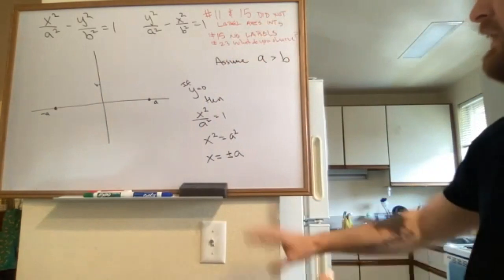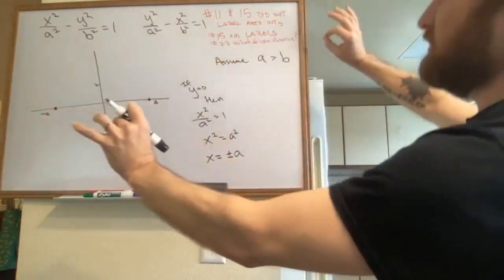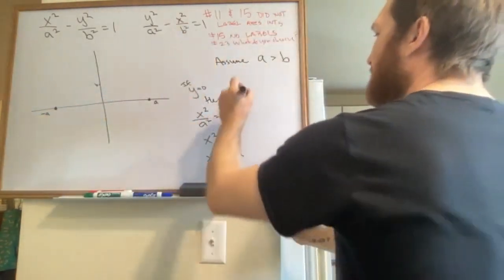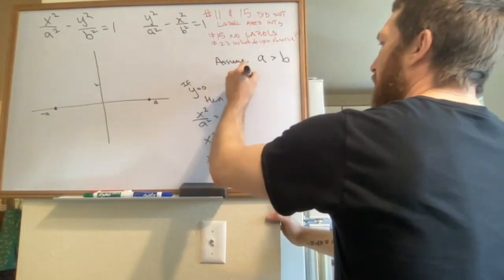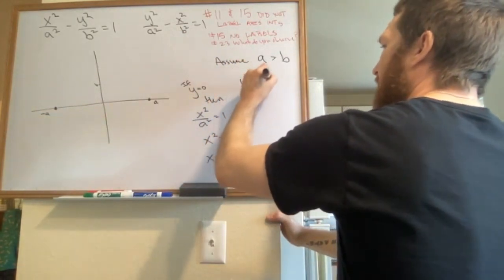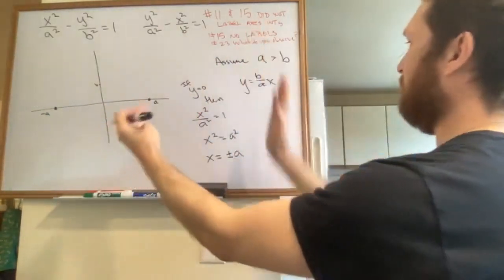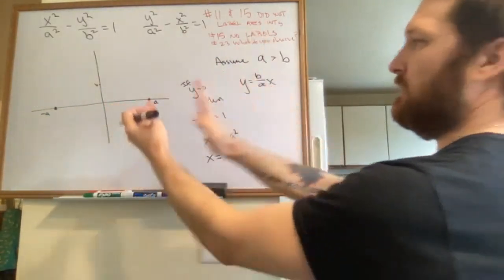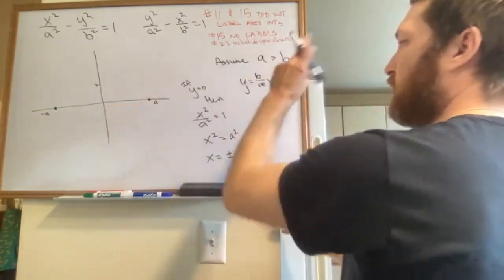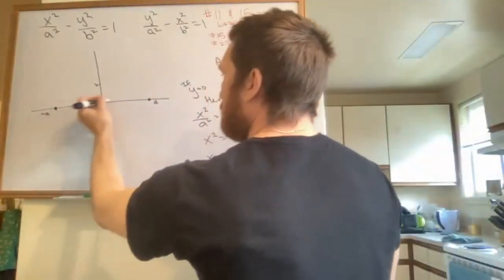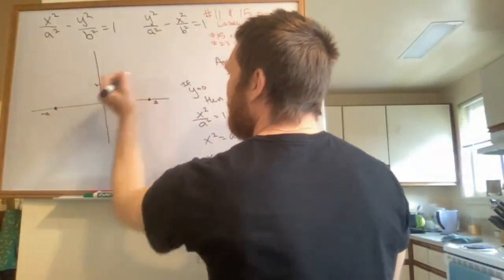Okay. And so now when I'm getting my asymptotes, I'm going to think, well, the asymptotes occur at y equals b over a x. And so what we're talking about is a rise and a run, right, for the asymptote. And in this case, when it's the positive one, it goes over by a and up by b.